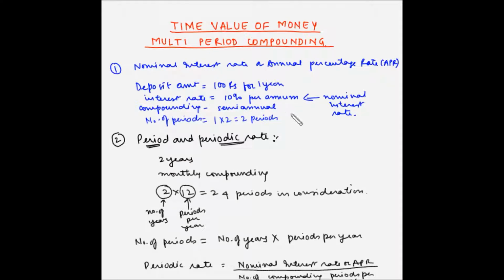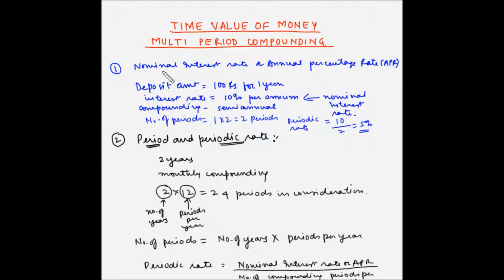So in our example here, the periodic rate is equal to the nominal interest rate, which is 10, divided by the number of compounding periods per year, which is 2. So this is 5%.